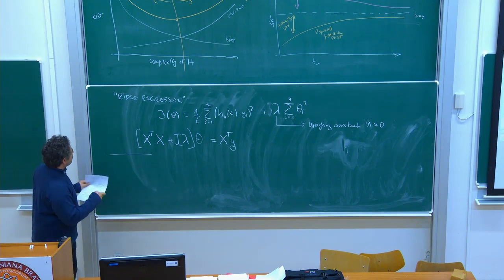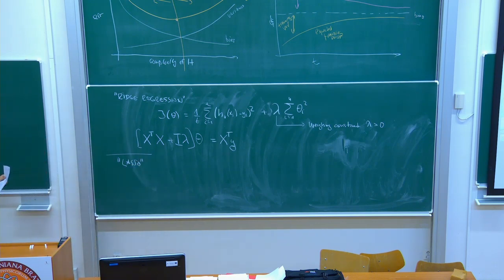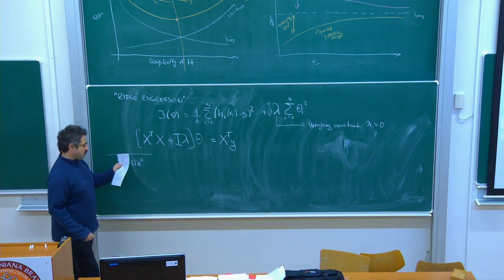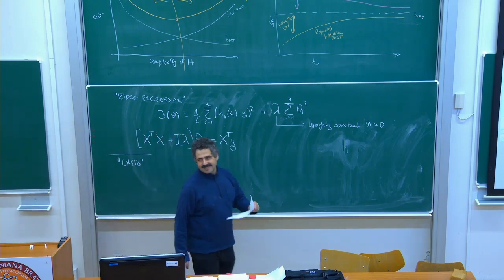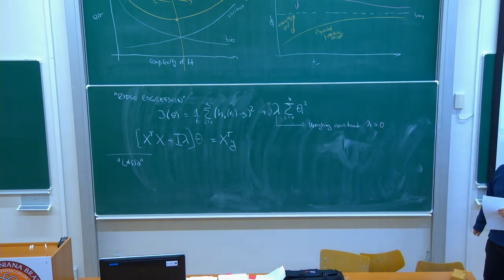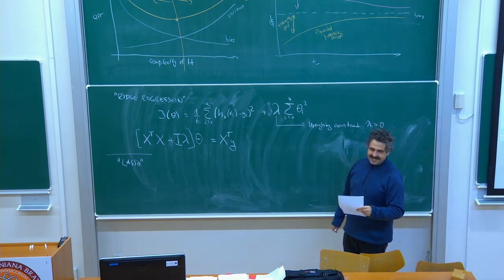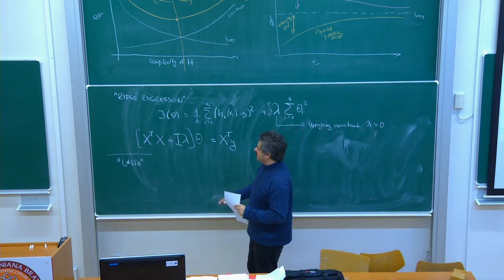People decided to fix this with a method called lasso. This is least absolute shrinkage and selection operator. No idea why it is called that way, I won't even write it down. Everybody knows this as lasso.